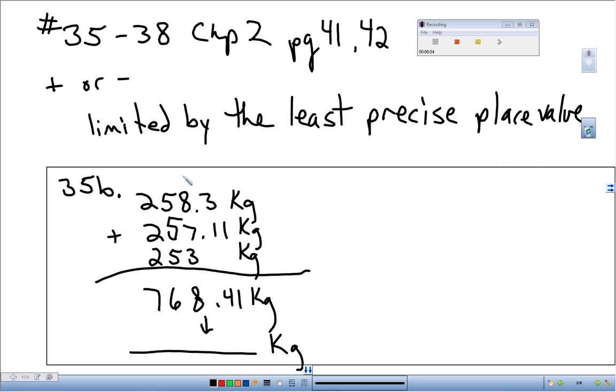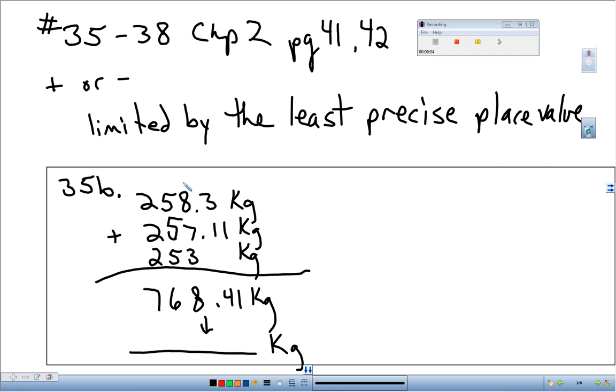When you're adding or subtracting, you're limited by the least precise place value. Which one of these is the least precise place value? Of your measurements. These are the measurements that we took, right? So you look back at your measurements, Dylan, and you say, which one's the least precise? This one. So I'm limited to my ones place, so I have to round to the ones place.